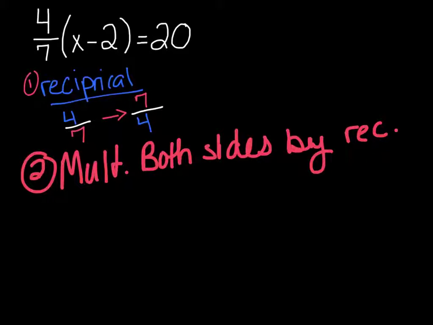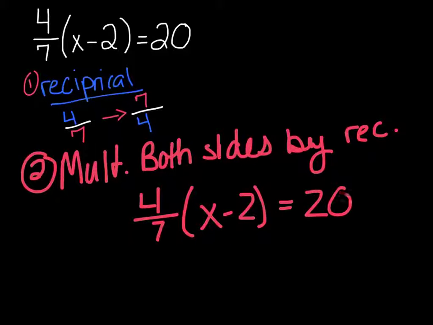Is that cool? Okay. So if I have 4 over 7 times the quantity x minus 2 equals 20, what am I going to multiply this side by? 7 over 4. And since I multiplied this side by 7 over 4, what do I multiply this side by? 7 over 4.